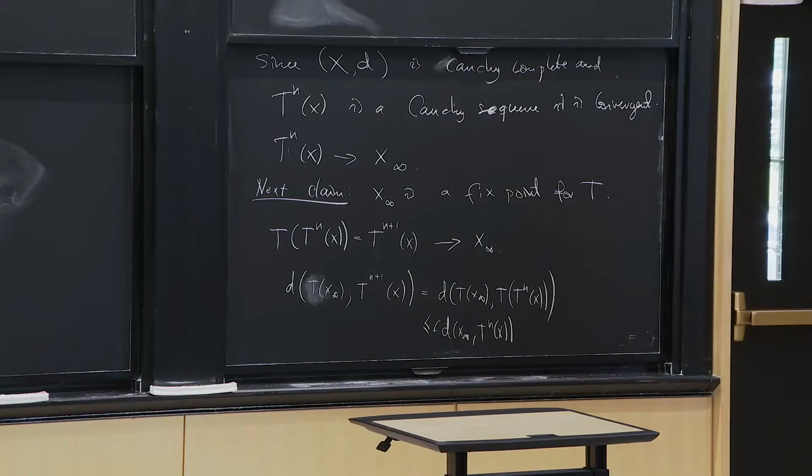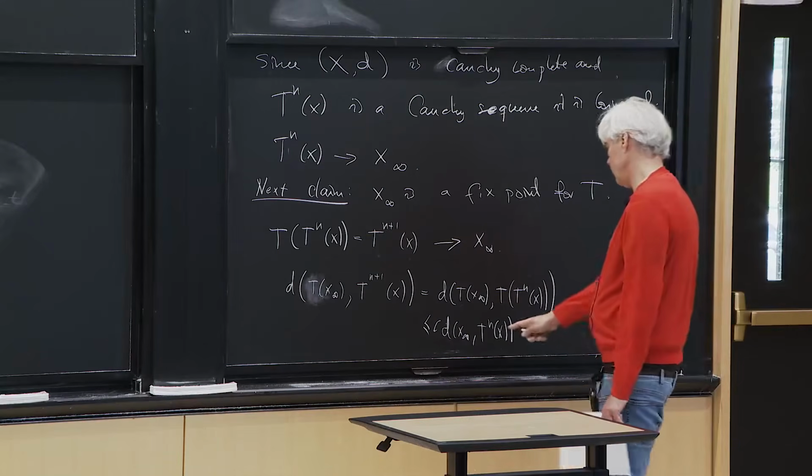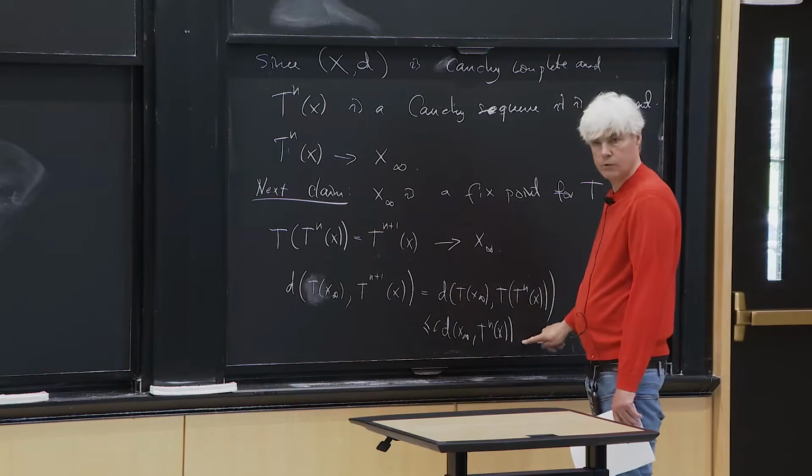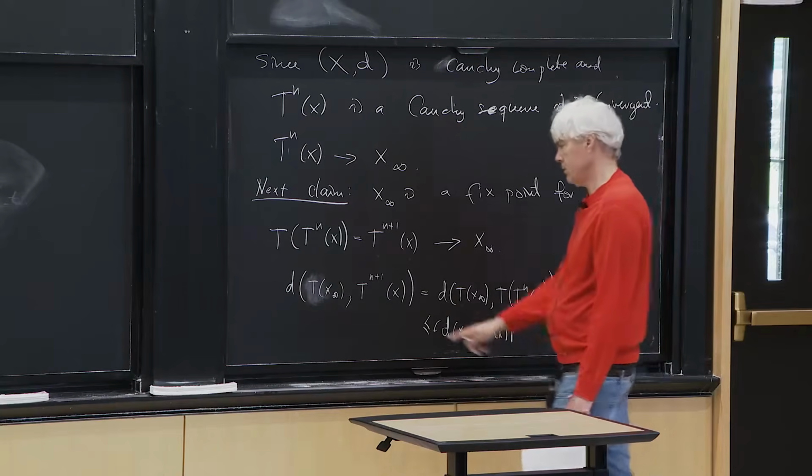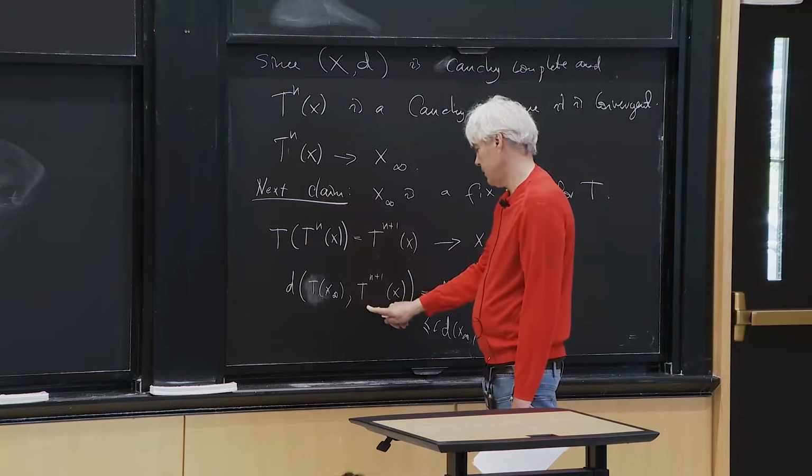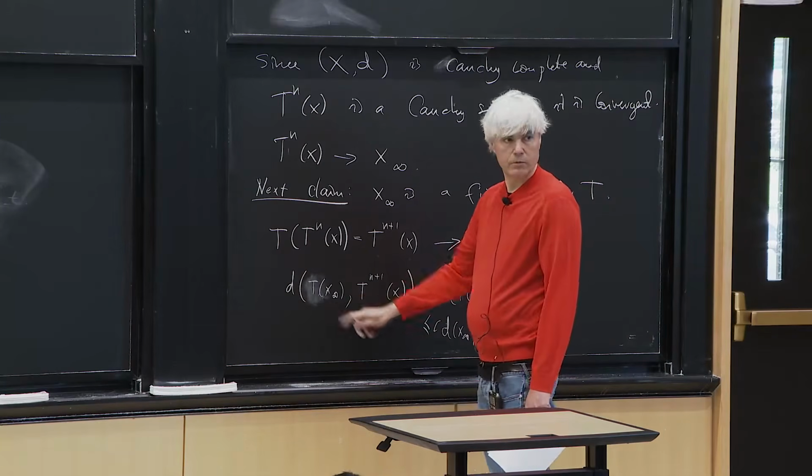But now you see that as n goes to infinity, this thing here goes to 0, right? So this means that this thing here converges to this point.